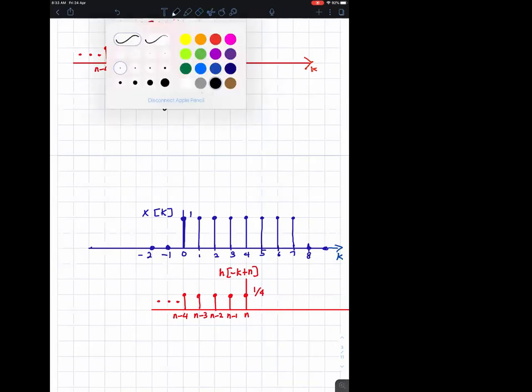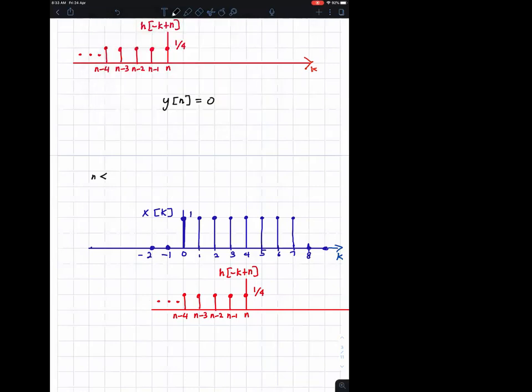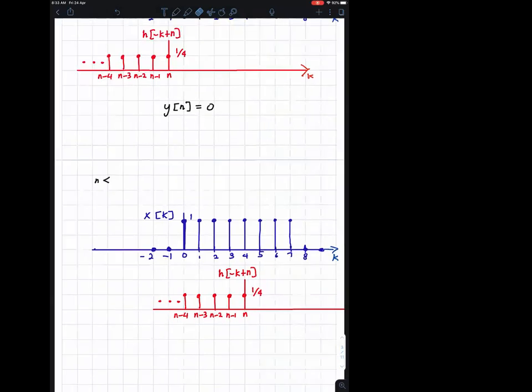So here, what is the range of n? N is greater than 0, but less than what? What is limiting the upper limit of n? 4, sir.